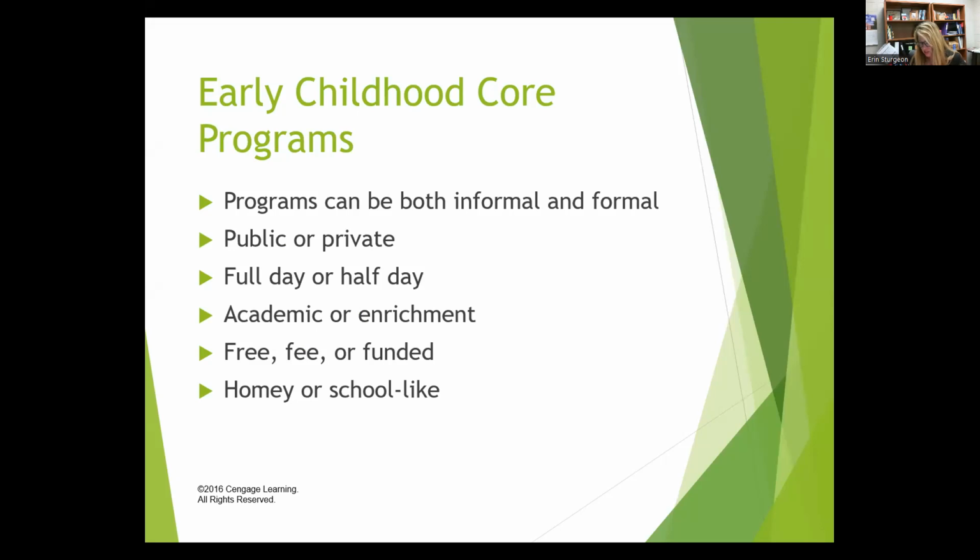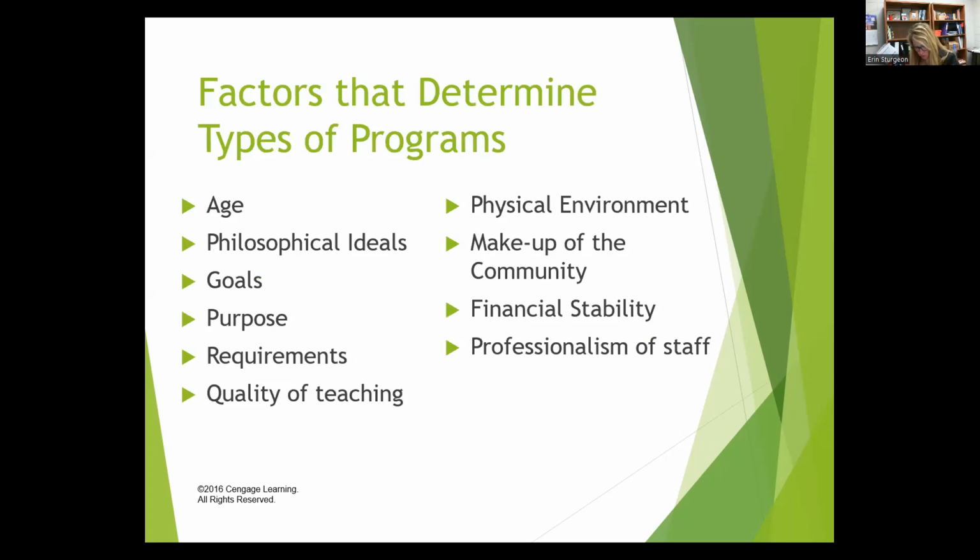And a lot of times that has to do with, hopefully you recognize your own in there as we move forward. But a lot of times the types of programs are determined by many different factors, and those are really elaborated on page 32.